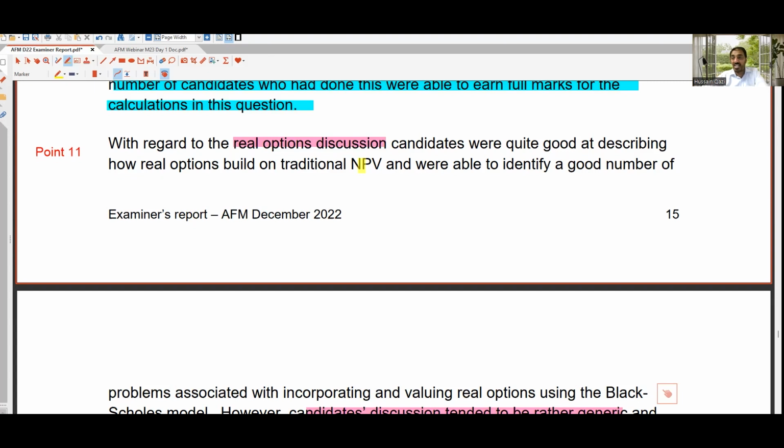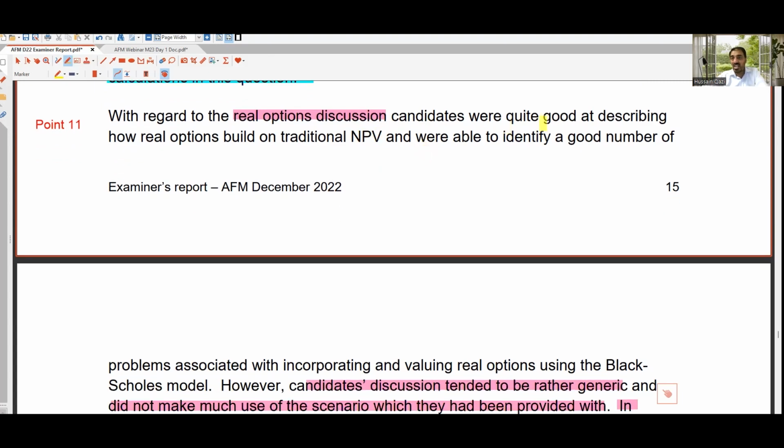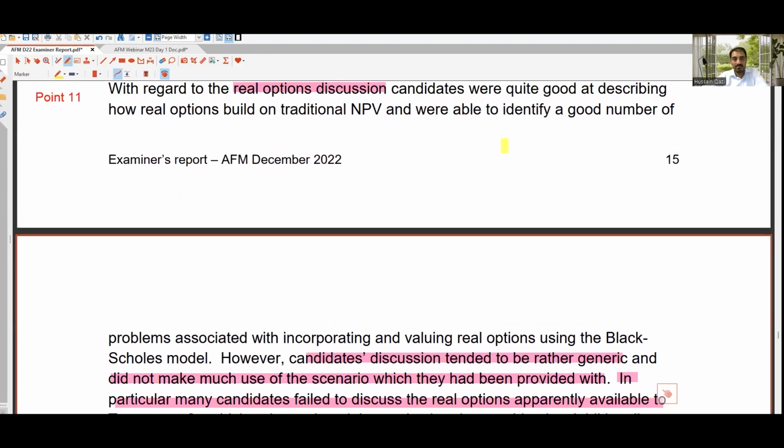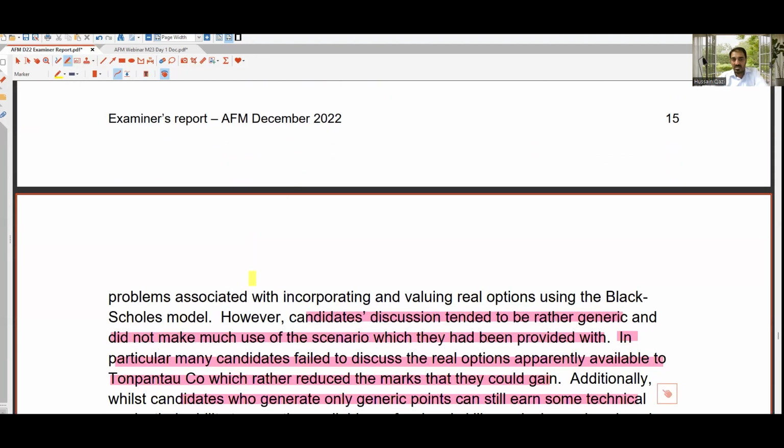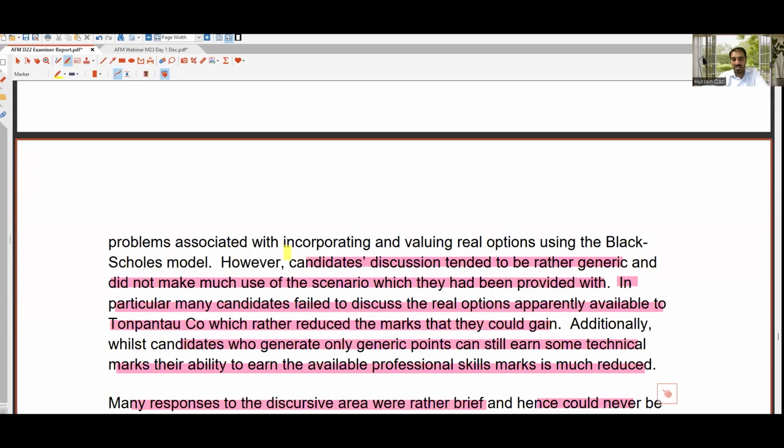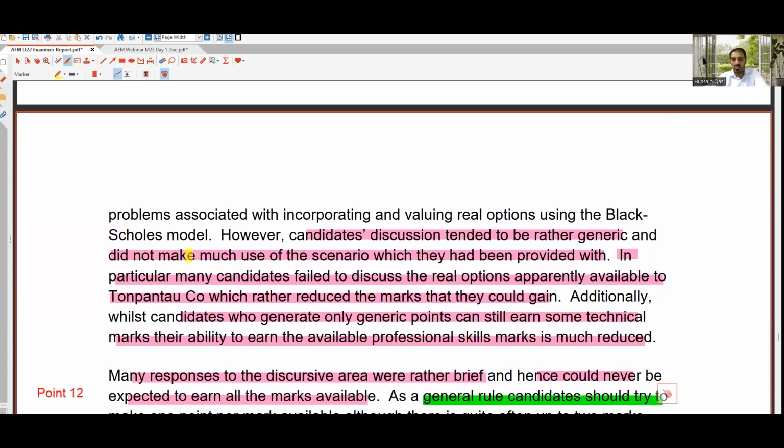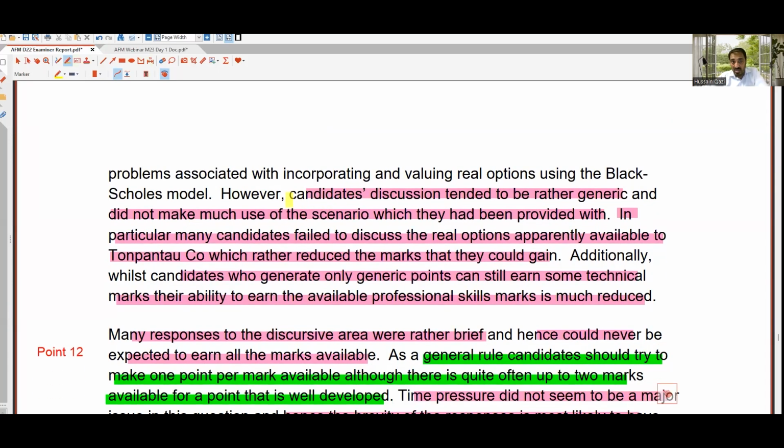With regards to the real option discussion, candidates were quite good at describing how real options build on an NPV and were able to identify a good number of problems, meaning limitations, in incorporating the value of the option using Black-Scholes. Here is the important part.